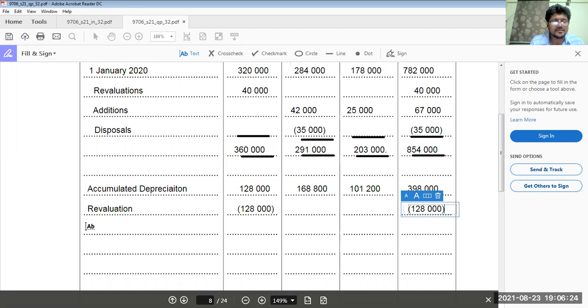Now next, disposal. Disposal was 35,000. So that is also going to be deducted over here.